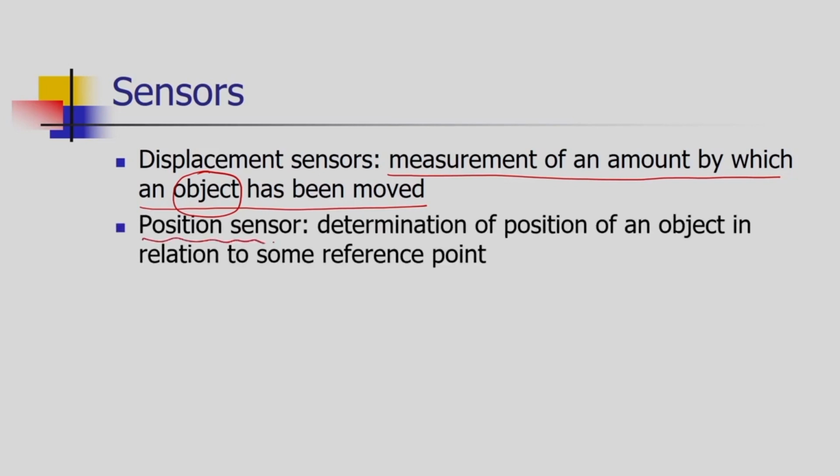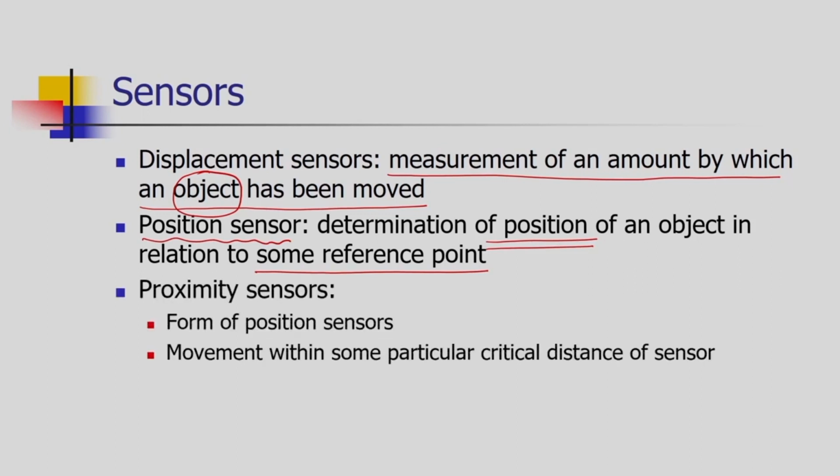Then the position sensor. These sensors are used to determine the position of an object in relation to some reference point. This reference point may be a reference point of the equipment, or it may be the reference point of the space in which the objects are moving. Third is the proximity sensor.